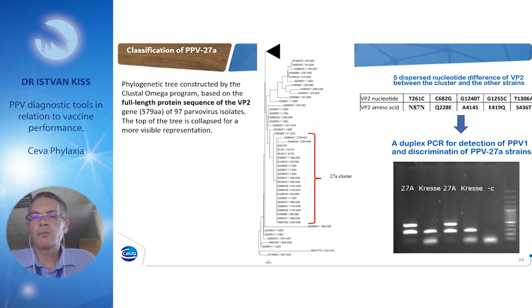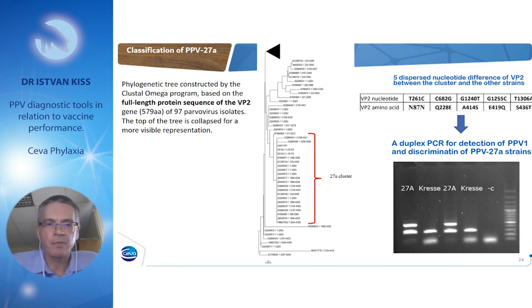Of course, one can recognize it by sequencing a good portion of the virus. We found that, basing the phylogeny on the full-length VP2 protein gene, we put the 27A strains nicely in the same group.